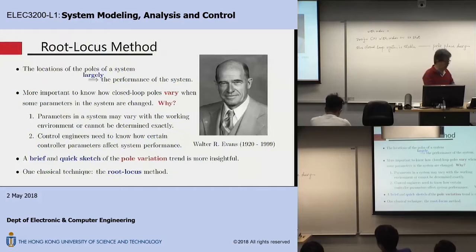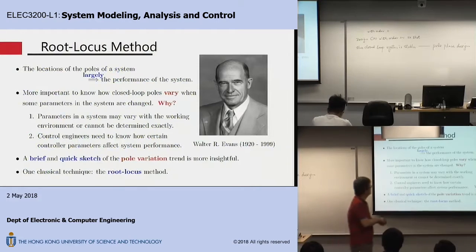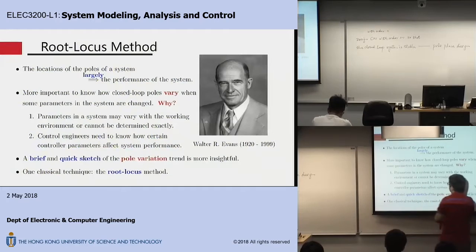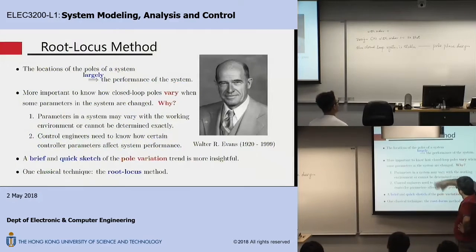So the whole idea is that we are interested in the poles of the closed loop system. We want to make sure that the poles of the closed loop system are in a desired region. When you do stabilization, we also know the poles are the key factors in determining the performance of the closed loop system.